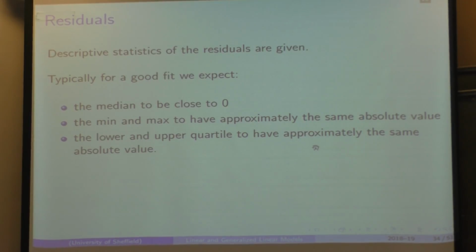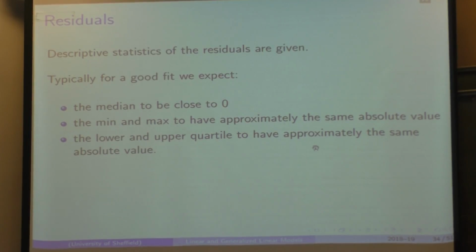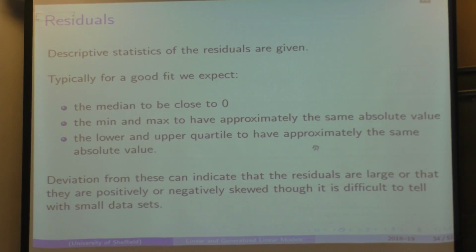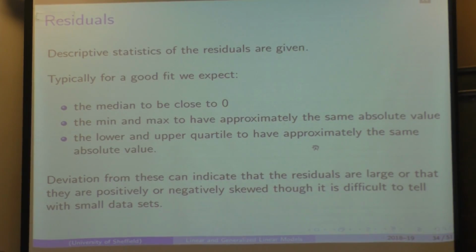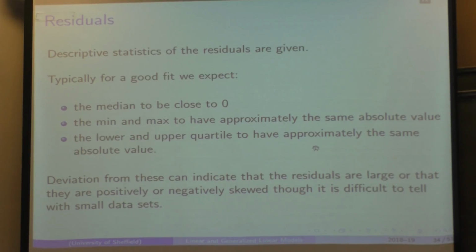Also looking for symmetry, the two quartiles, the upper and lower quartile, should have, again, approximately the same absolute value. So Q1 should be approximately minus Q3. Okay, so if these don't appear to be the case, then that may indicate that there's a problem with the model.